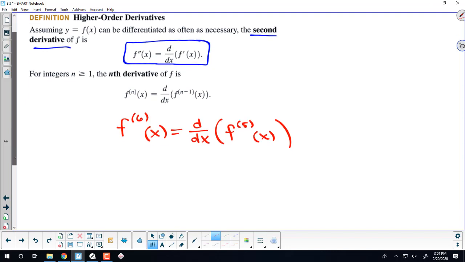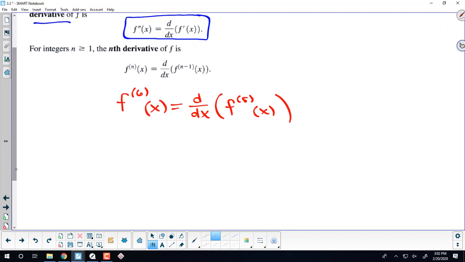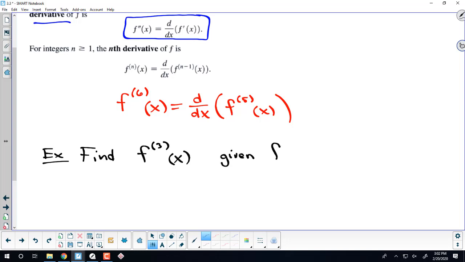All right, so let's look at a specific example. Find the third derivative, given f of x is the square root of x.